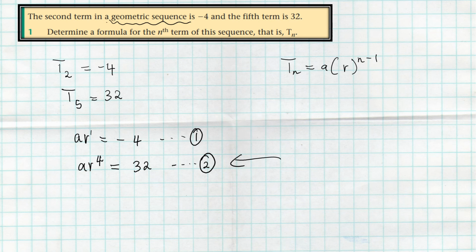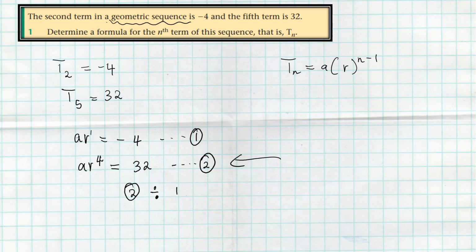This is one of the fastest methods that you can use in a geometric sequence. You don't do this in an arithmetic sequence. In an arithmetic sequence, just use your simultaneous equation. But here in a geometric sequence, you can actually do this in order to solve this equation fast. So the one that has the higher exponent is equation 2.